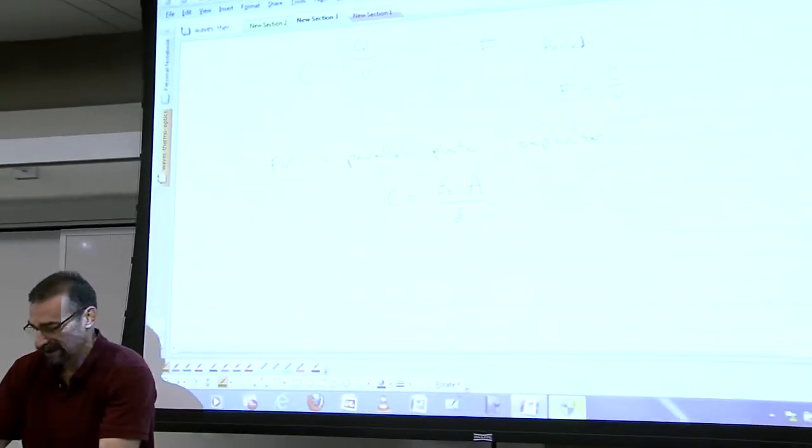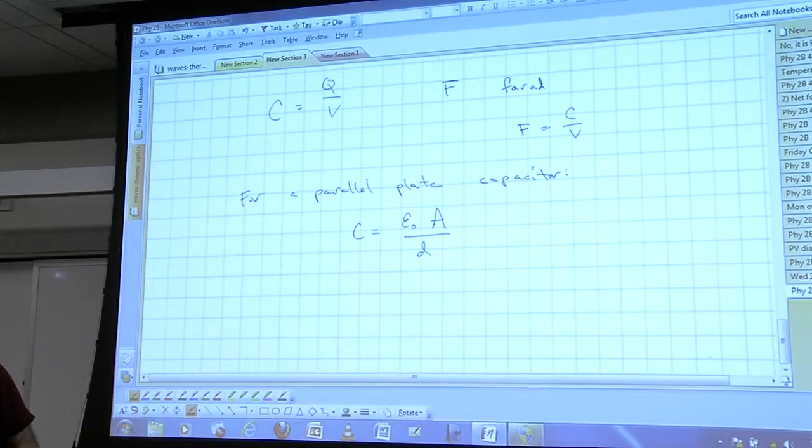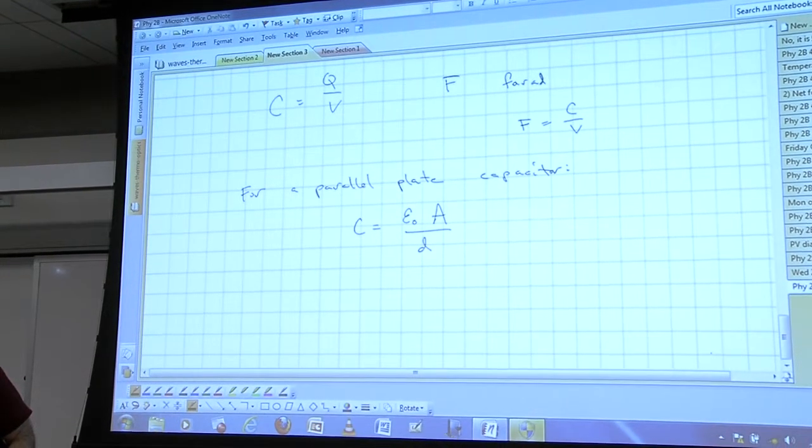But you've got metal plates that can overlap in different ways. Let me just put it on. You have a variable capacitor like this. The metal plates, you can change the overlap.